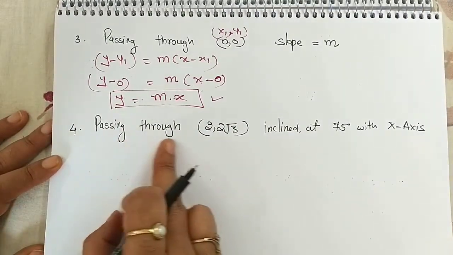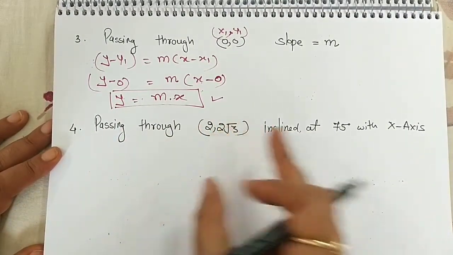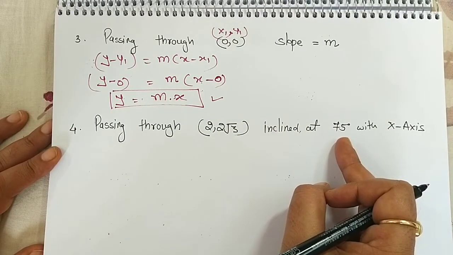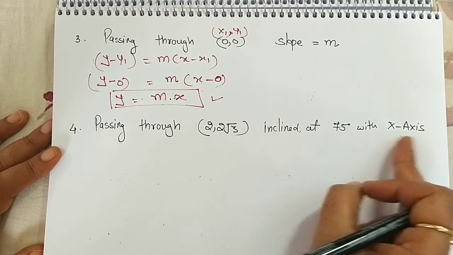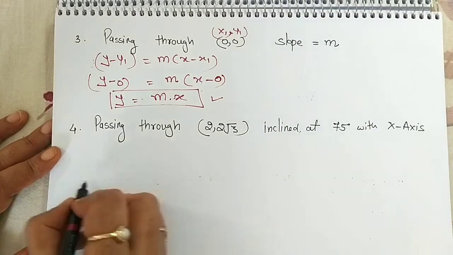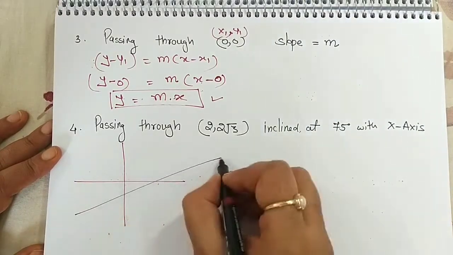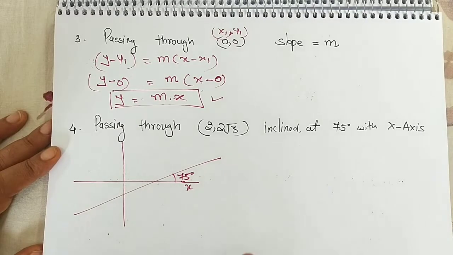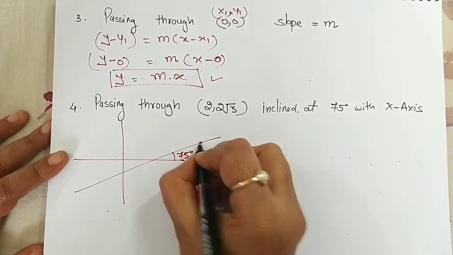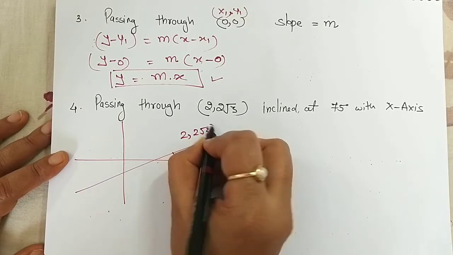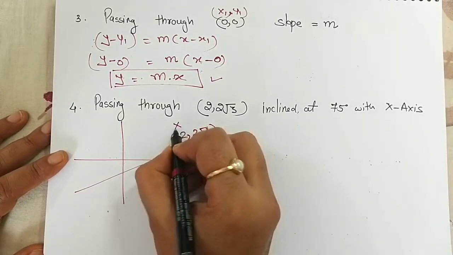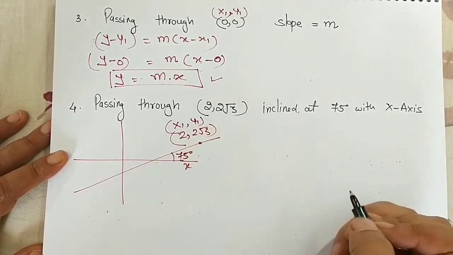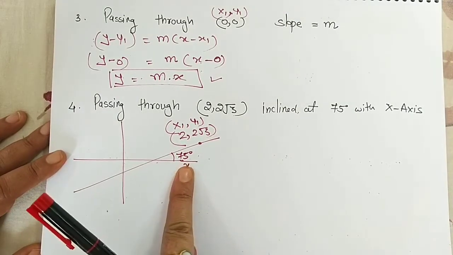Next they say the line is passing through this point and is inclined at an angle of 75 degrees with the x-axis. Your sketch is something like this. Suppose this is the x-axis, so the line is making an angle of 75 degrees and it is passing through some point (2, 2 root 3). Can I call it x1, y1? And theta is given.